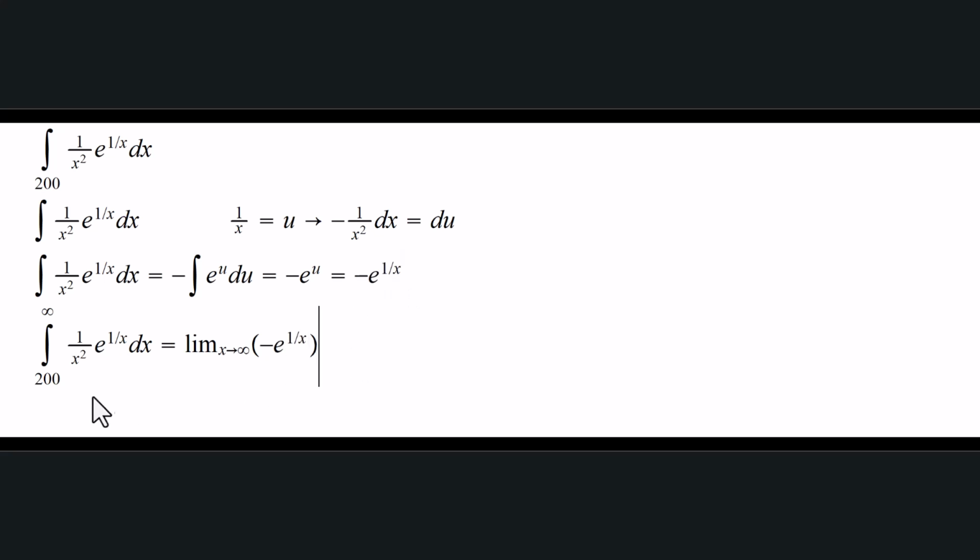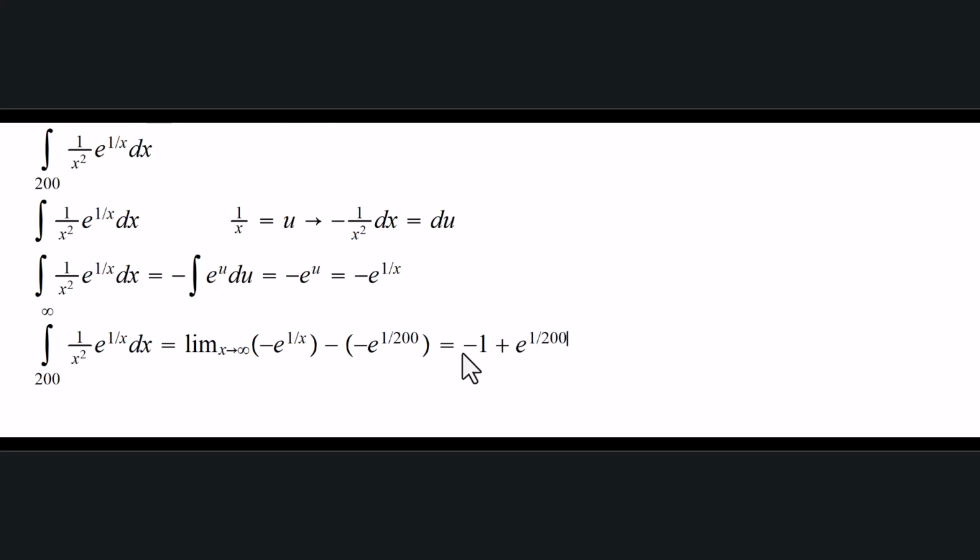And then for the lower limit, we will have a minus sign, and let me put that inside instead of just verbally describing it. Then x will be substituted as 200 over here. As x goes to infinity, 1 over x goes to 0, so e to the 0 is 1. That limit is going to be negative 1. And then we get e to the 1 over 200.